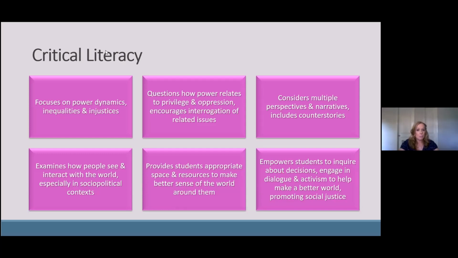It provides students appropriate space and resources to make better sense of the world around them. So it's not just driving one message and this is the truth and this is the reality, but allowing them to have exposure to multiple resources and multiple stories and determine.